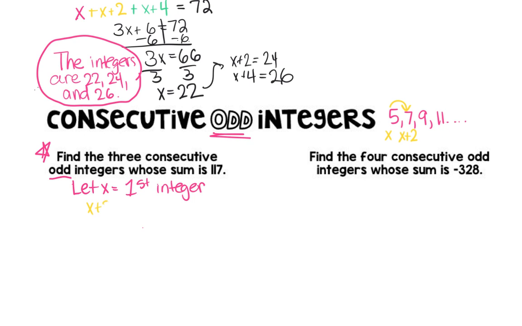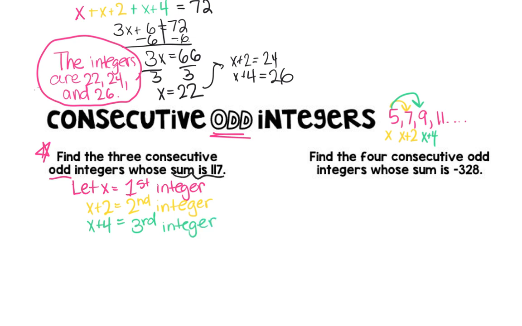X plus 2 is my second integer, and that's because I am jumping over the even number that is in between there. And to get to that third integer, I have to add 4. So x plus 4 is going to be my third integer, and that's because I have to jump over 2 even numbers there.